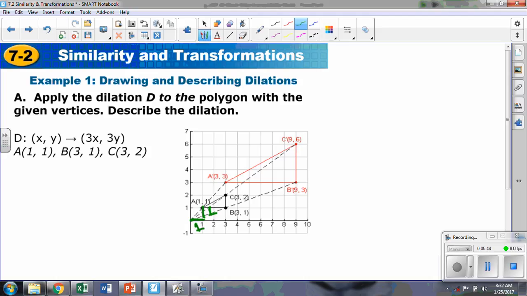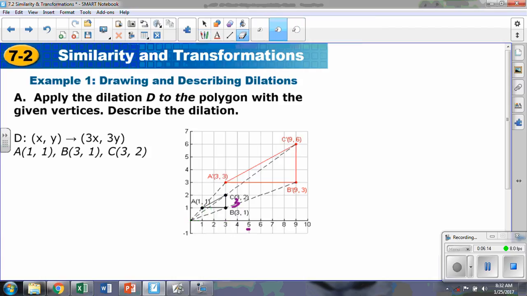This gap then, when we apply the transformation, 1, 2, let me get the purple. 1, 2, 3, 1, 2, 3. Since our dilation was centered at the origin, all of the stretches and shrinks are going to be based off distances away from the origin.